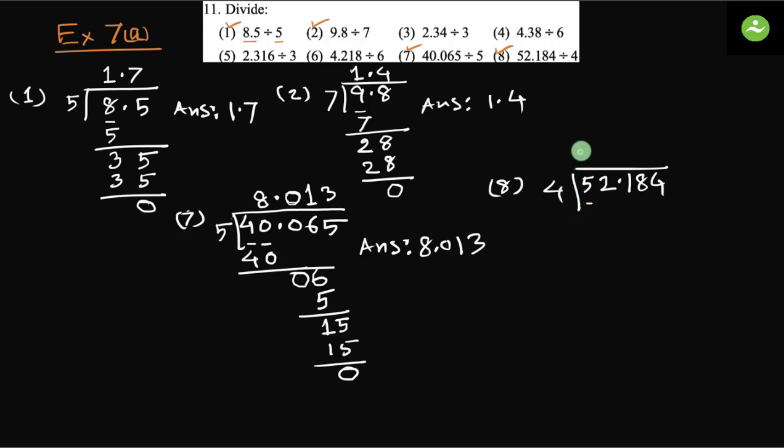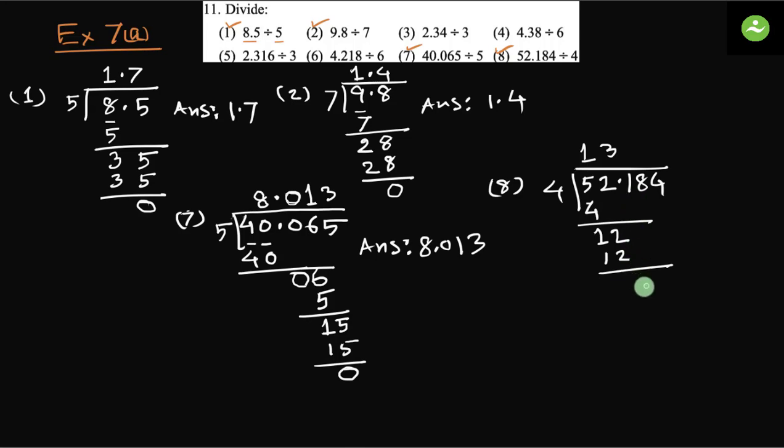Yes. 4 into 1 is 4. Deduct 4 from 5, it is 1. Bring down the next digit, 12. 4 into 3 is 12. Deduct 12 from 12, there is nothing.